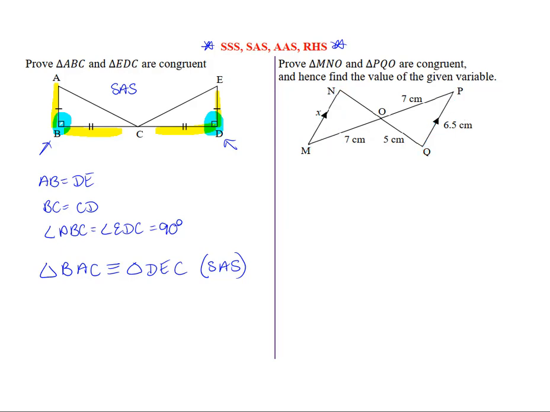is if I look for alternate angles, so my Z, that means that this angle here has to equal that angle there. Okay. Similarly, if I go the Z going this way, that means that this angle here has to equal that angle there.